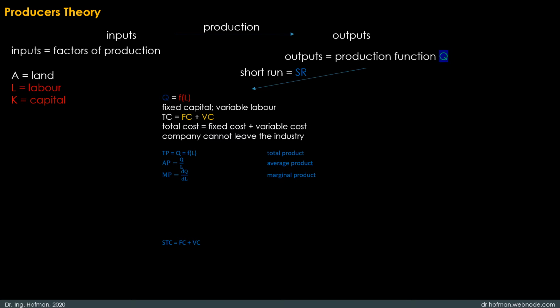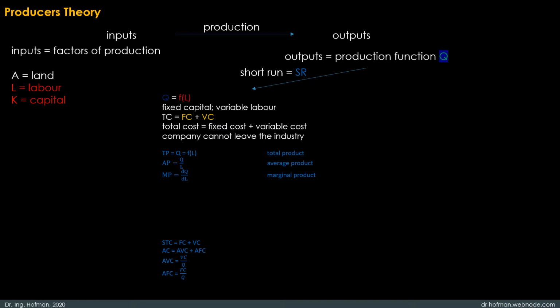Short-run total cost is fixed cost plus variable cost, because both exist in the short term. Average cost is average variable cost plus average fixed cost. Average variable cost is calculated as variable cost over Q, and average fixed cost is calculated as fixed cost over Q.